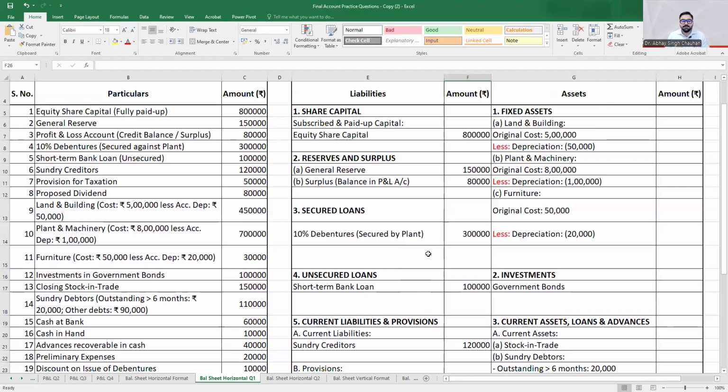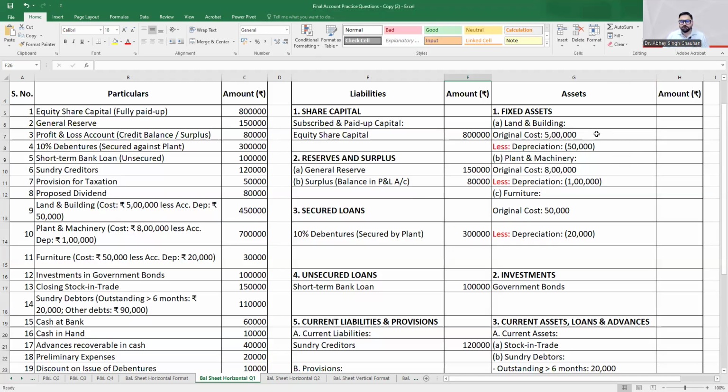In land and building, you see the cost is given as 5 lakh rupees, whereas your accumulated depreciation is given as 50,000. So your original cost is 5 lakh rupees and the accumulated depreciation was given separately. These two values, 5 lakh rupees and depreciation, would be adjusted internally, and then the final value will be written in the outer column, right?